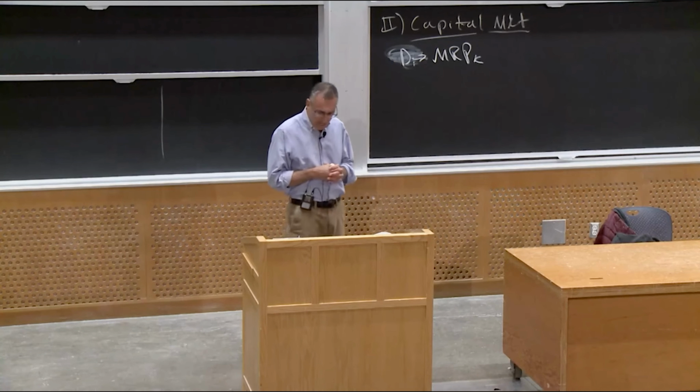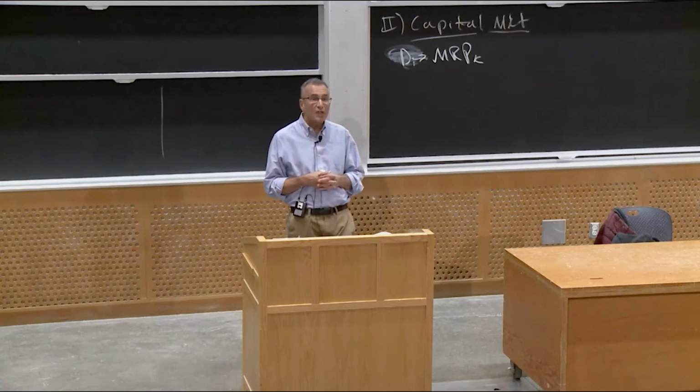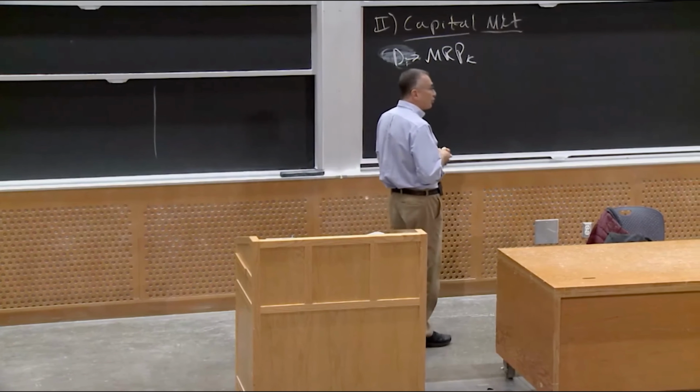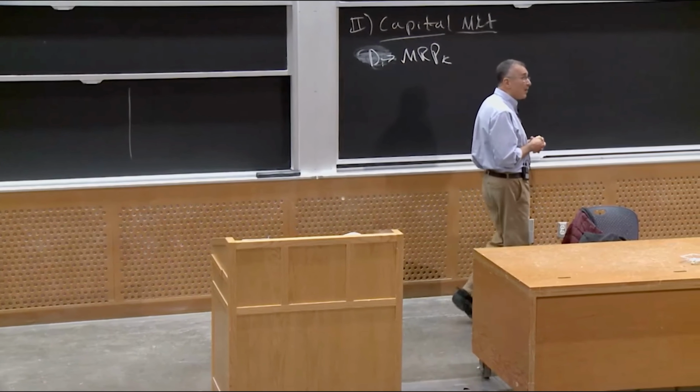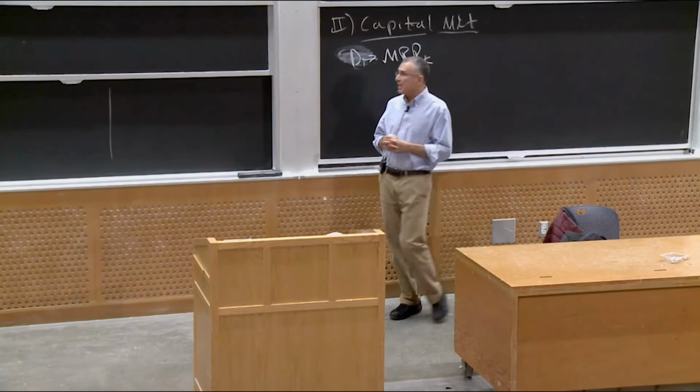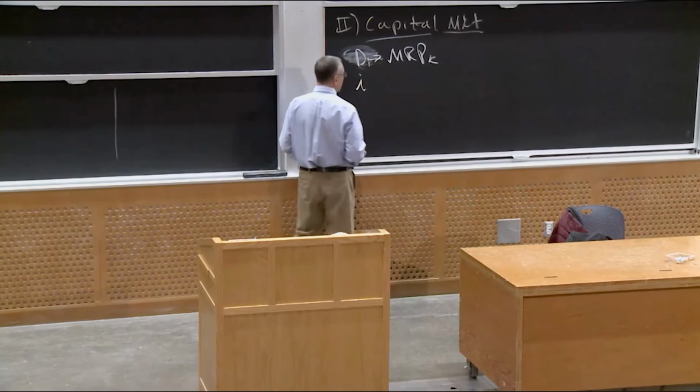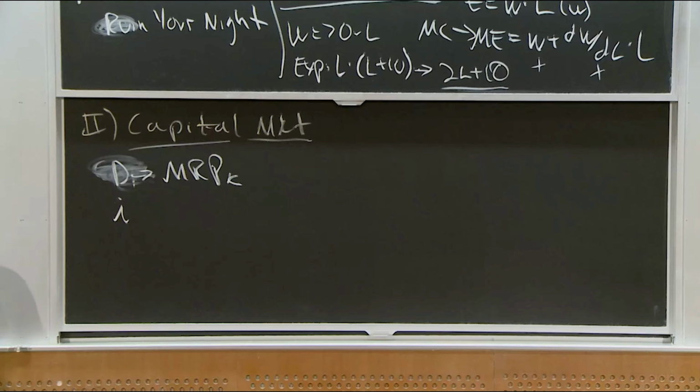The supply of capital comes from workers saving. Why do workers save? They save because they can get a return to that saving in the form of interest. I is the rate of interest. That's the return that workers get on their savings.